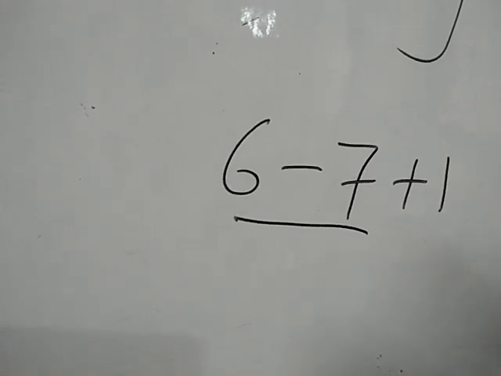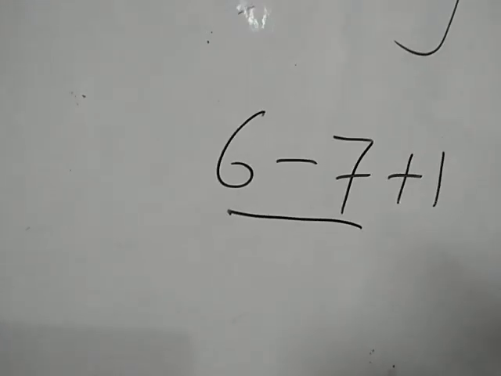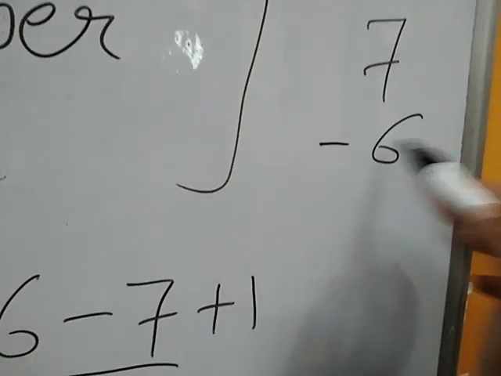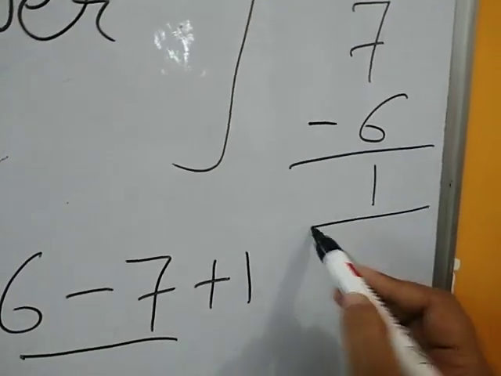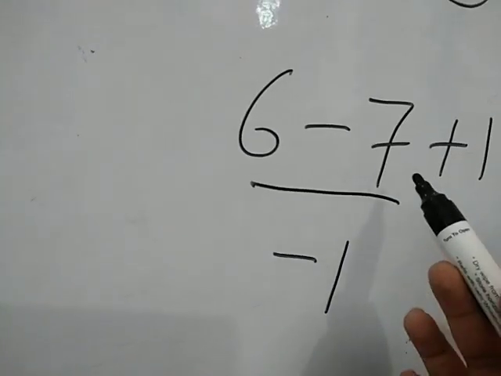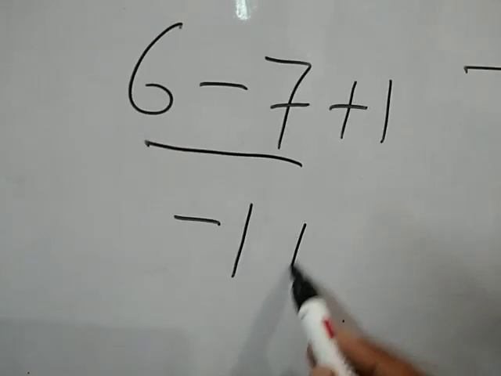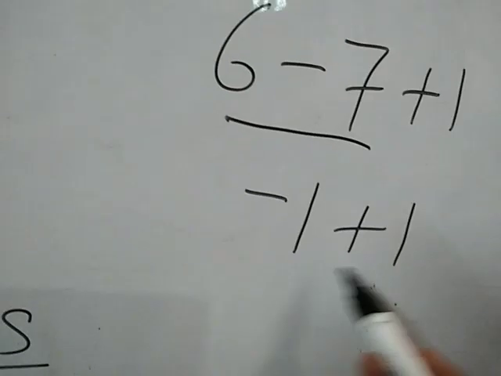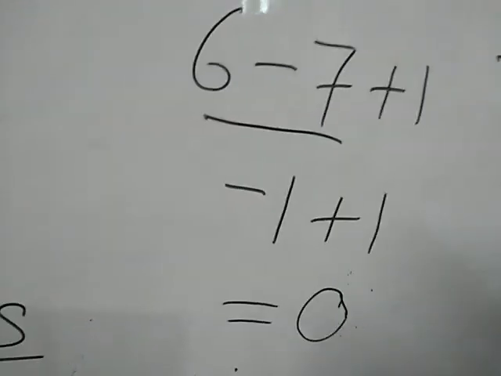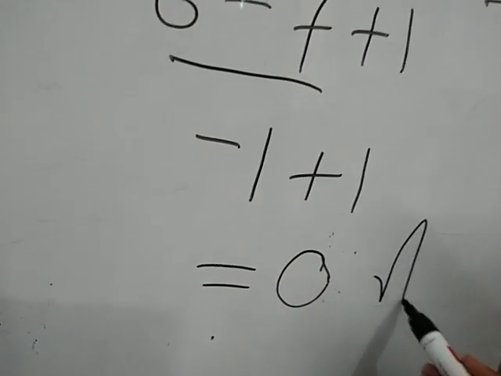So 7 minus 6 is 1. It is minus 1 because 7 is greater, and here it is plus 1. So minus 1 plus 1 is 0, and 0 is neither negative nor positive.